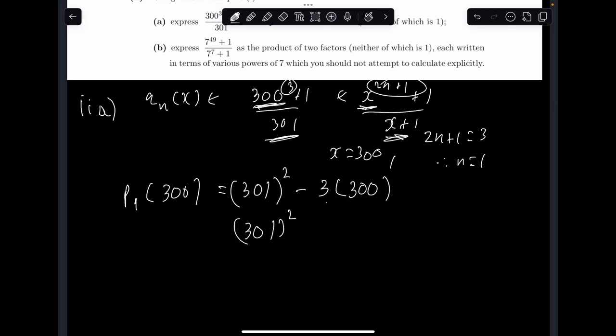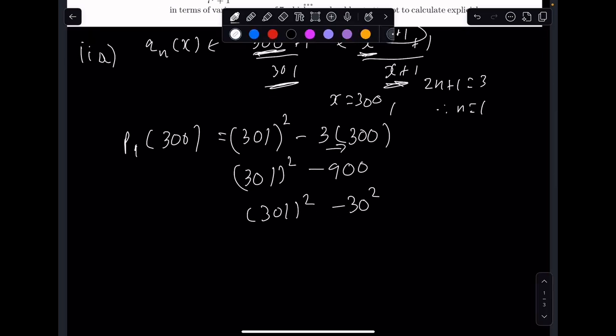and we need this as a product of two factors, so let's just times that, so that's minus 900, and 900 is actually 30 squared, right? So we need to remember that a squared minus b squared, this is a thing called difference of two squares, is a plus b, a minus b, right? So you see these are two factors, right?